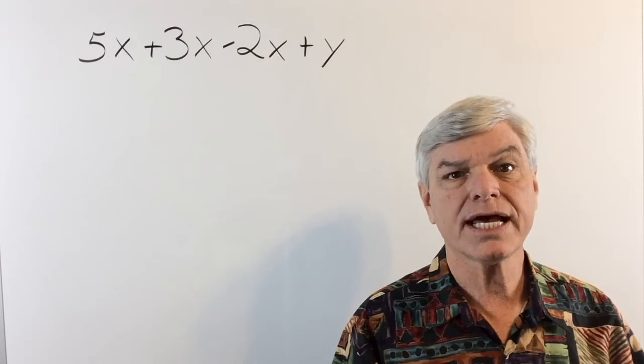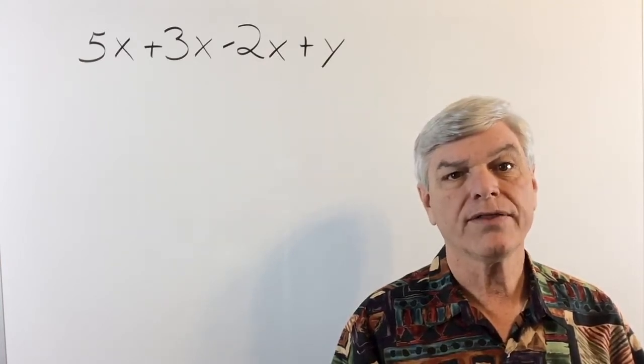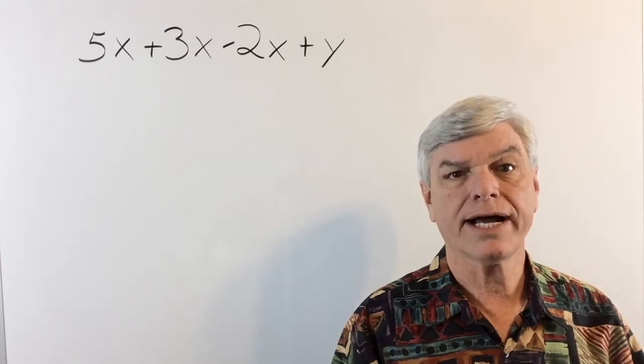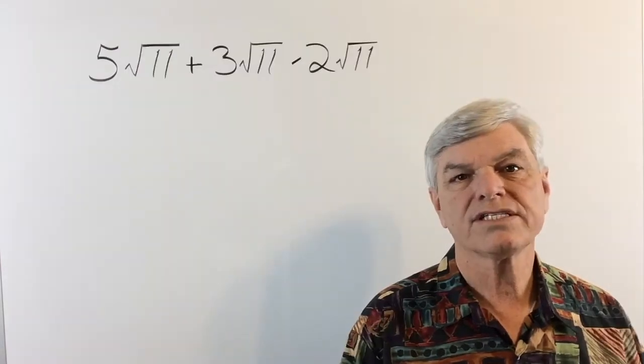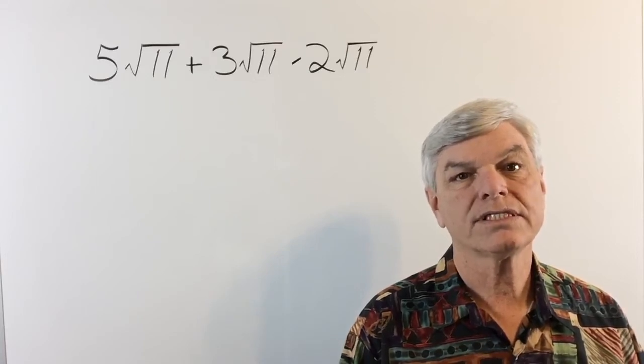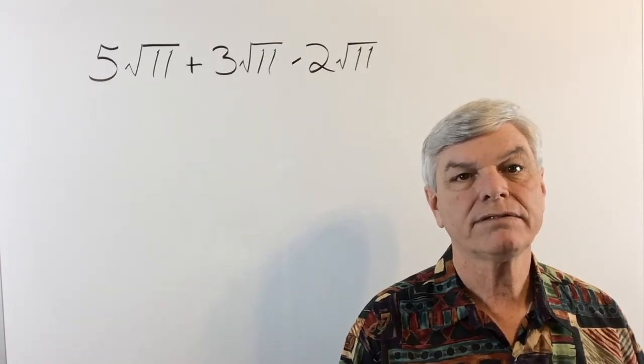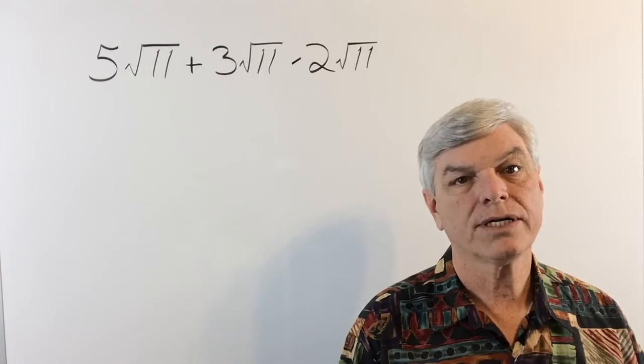We're going to be doing the same thing, or something very, very similar, with radicals. So this is very similar to last time, except that we're adding roots instead of variables. We have 5 root 11 plus 3 root 11 minus 2 root 11.